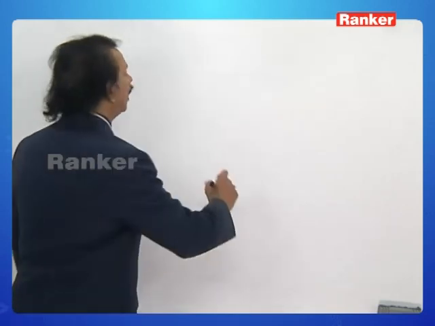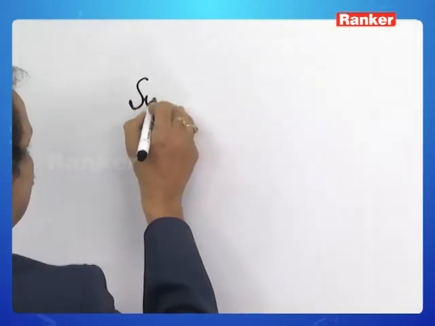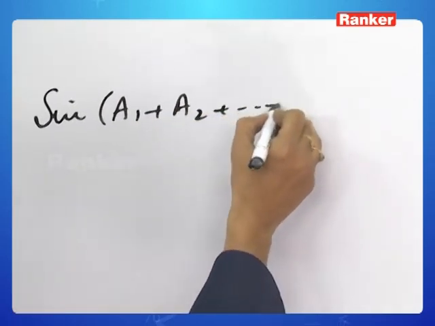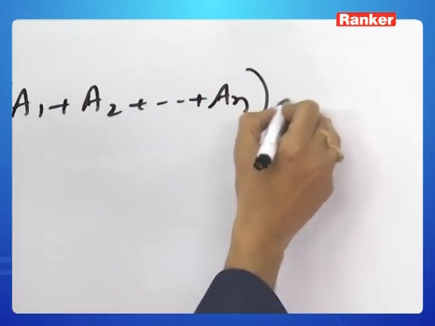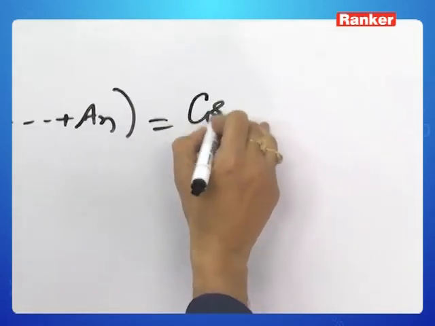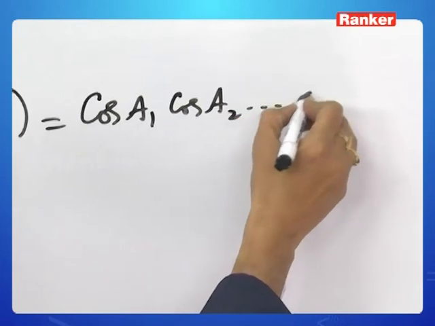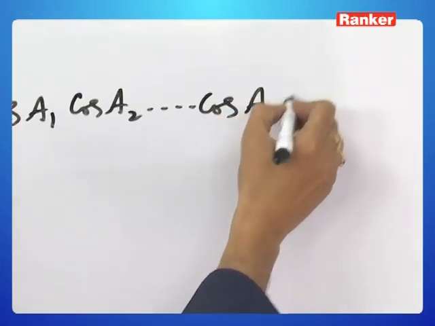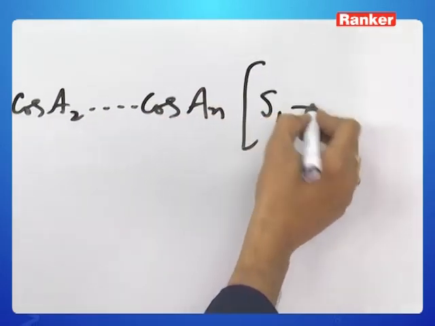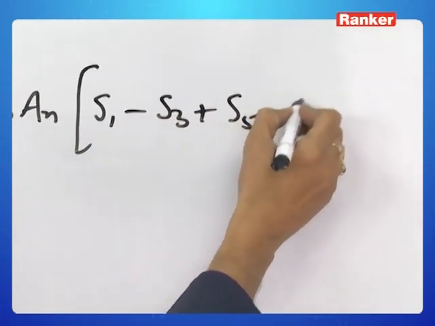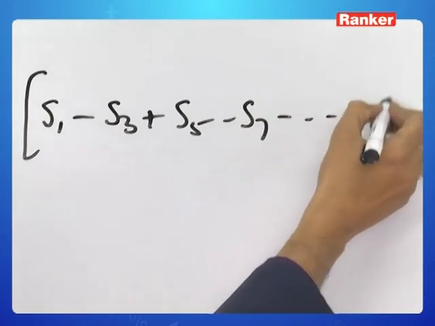Let us recall what is sine of a1 plus a2 plus a3 plus etc. an. It is nothing but cos a1 into cos a2 into cos a3 into cos an into S1 minus S3 plus S5 minus S7 and so on.